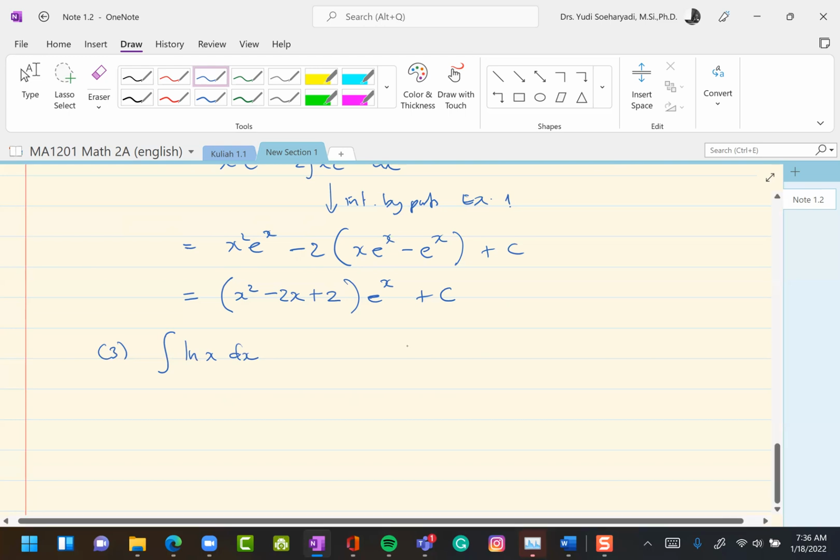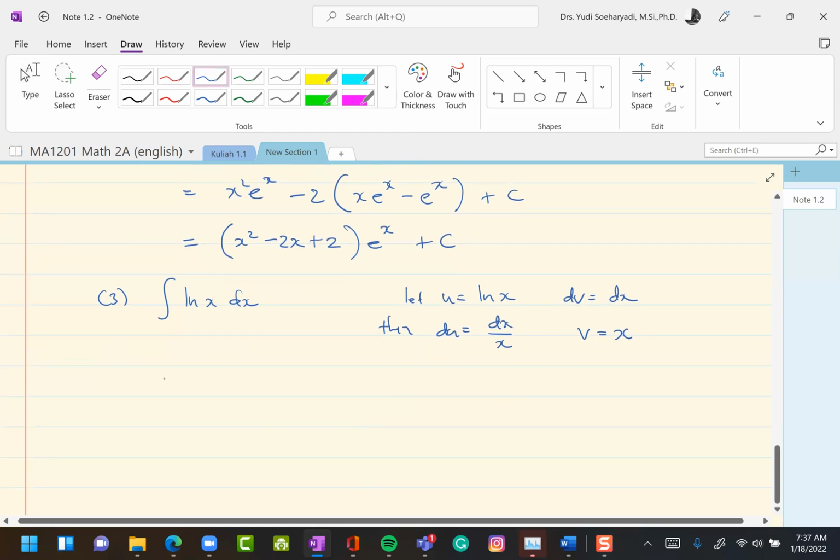So we let u equals ln of x, and dv is just dx. Let's see what happened here. So du is 1 over x dx, and v is just, this is 1, so it's just x.